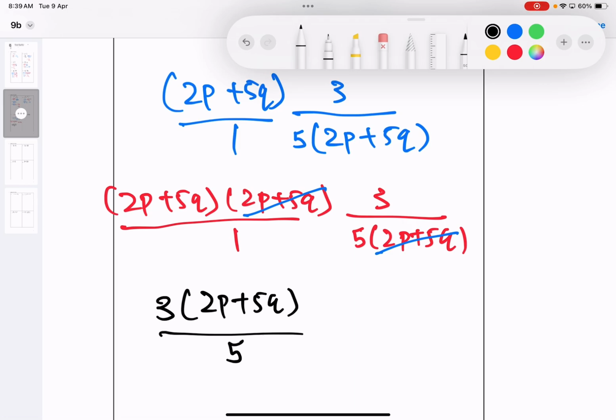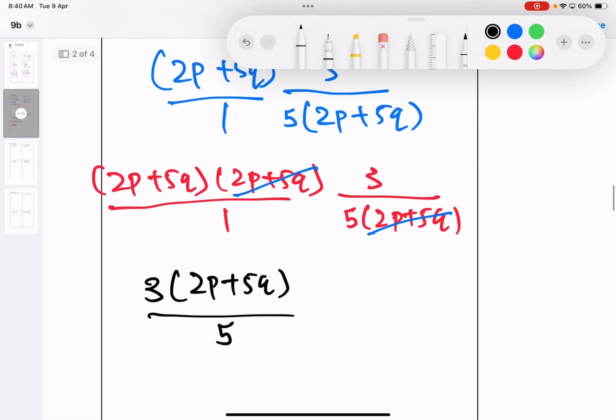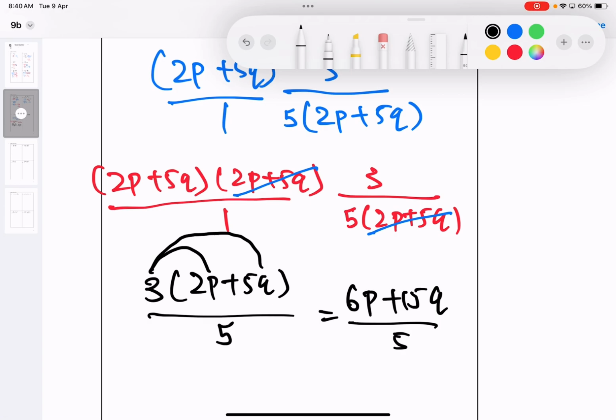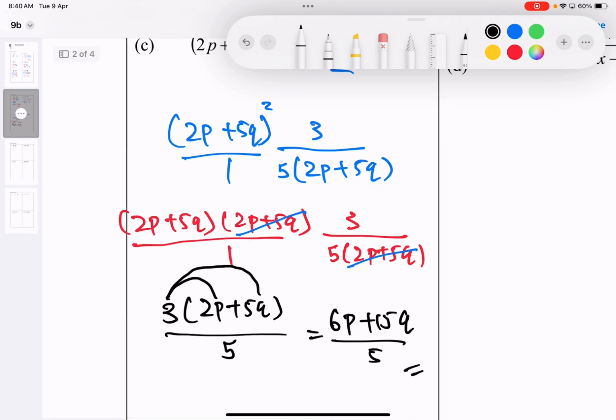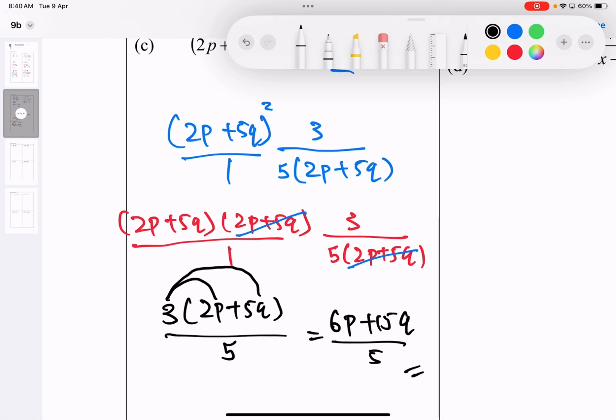And of course for this one, if you want to finish it off, you can just multiply back here. So how do you multiply? Let's do this together. 3 times 2 gives me 6p. 3 times 5 gives me 15q divided by 5. That's all. This is your final answer. So remember, the steps is always the same. If you have a plus, ask yourself, can you factorize it?